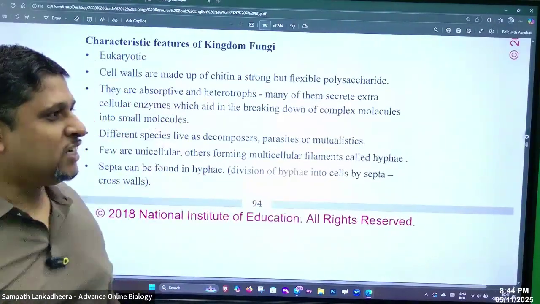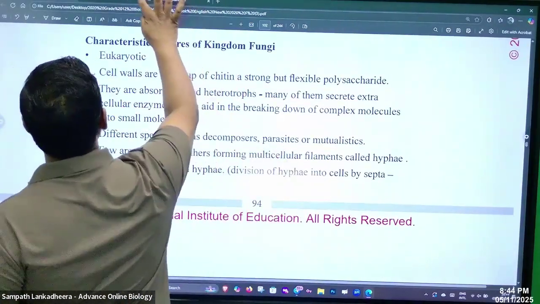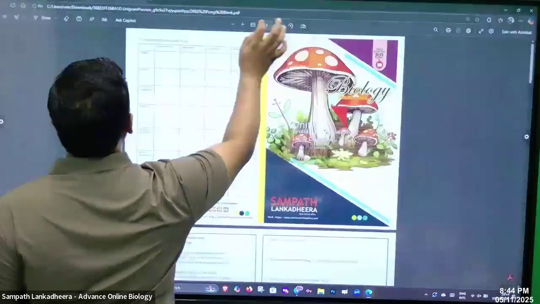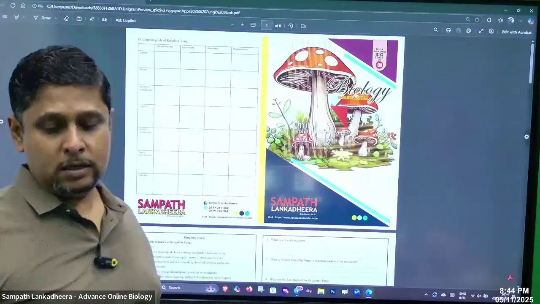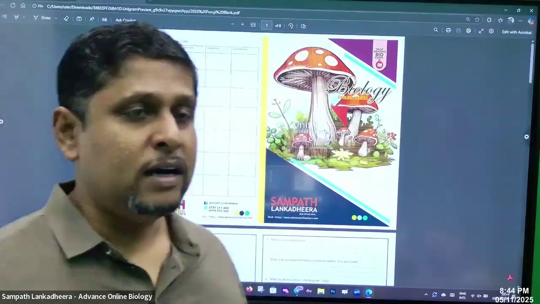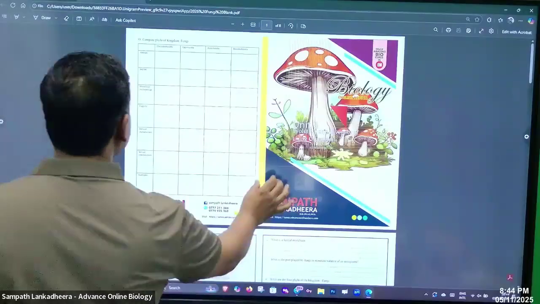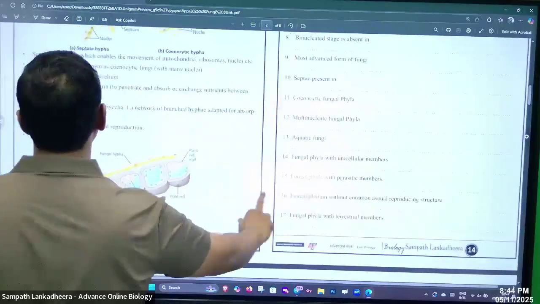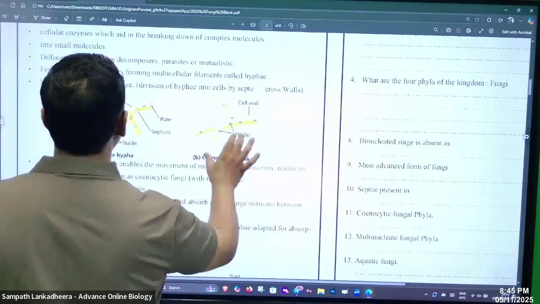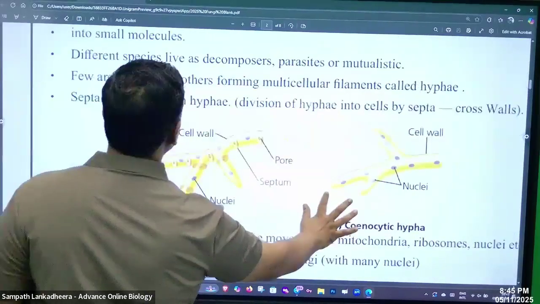Fungi, or fungi? How do you like to call it? Right? People, fungal life cycles. You learn this, the life cycle details. Let's see what you learn there for fungi.